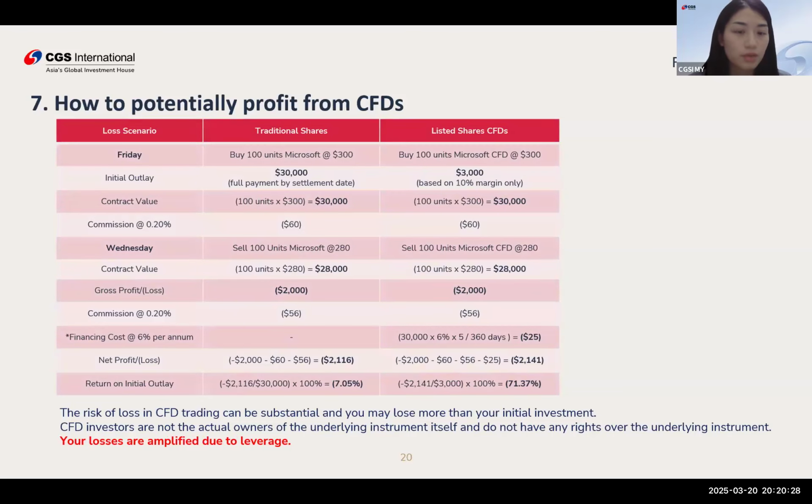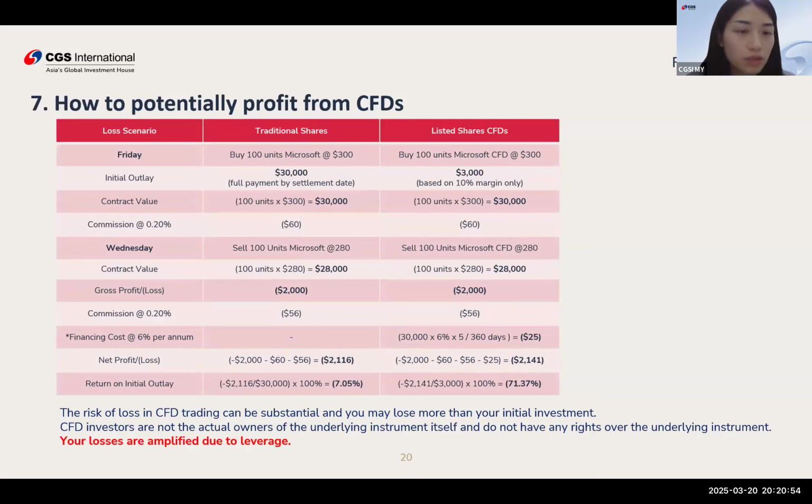Now, with a losing trade, this is what you could expect. With the same scenario, on Friday you enter 100 units of Microsoft at 300, with the same initial outlay, contract value, and commission charge. On Wednesday, you close it off at a loss, at 280.